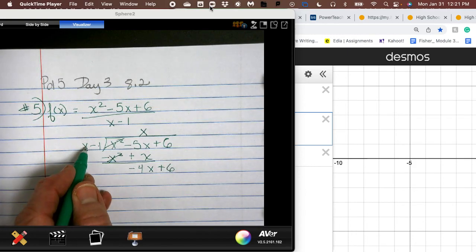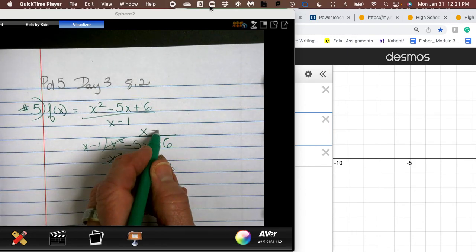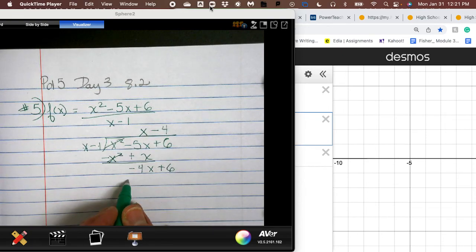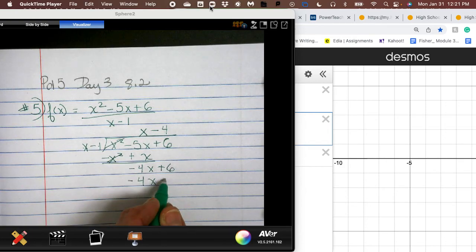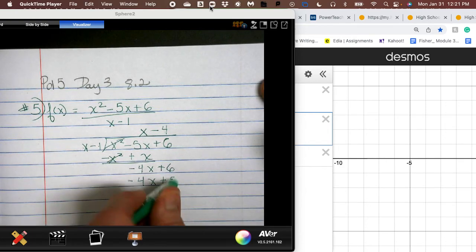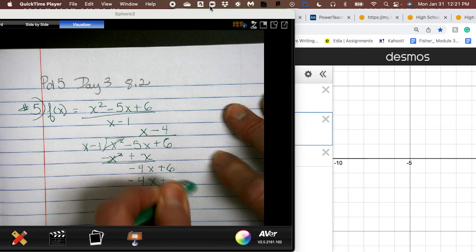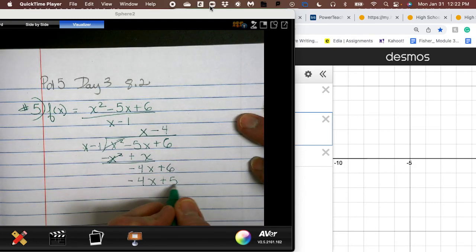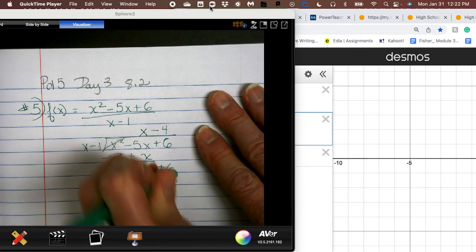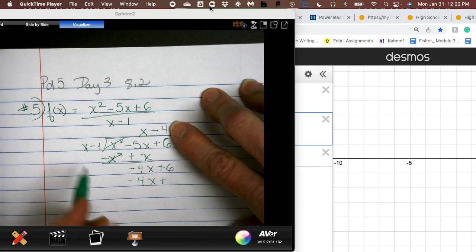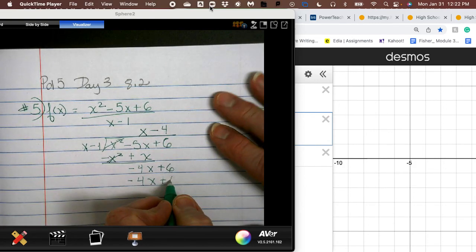So x times a negative 4 gives me the negative 4x. Negative 4 times negative 1 is plus 4. I'm sorry, 4. Multiply.